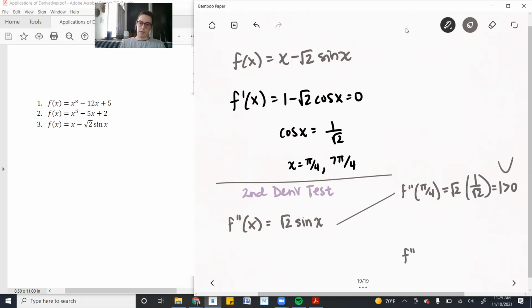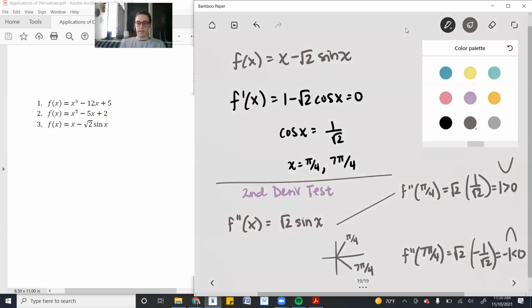And then f double prime of 7 pi over 4 should be square root of 2 sine of 7 pi over 4. That's below the axis. If you think of your unit circle, 7 pi over 4, pi over 4. So 7 pi over 4, the sine value, which is the vertical, is actually going to be negative 1 over rad 2. So it's going to be negative 1, which is clearly negative, so it's going to be concave down.